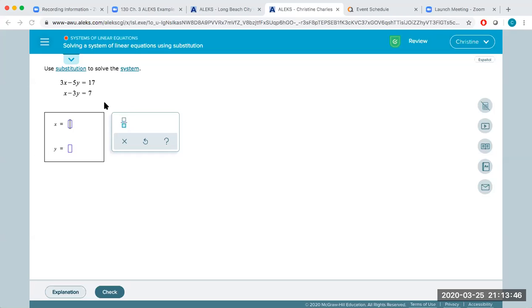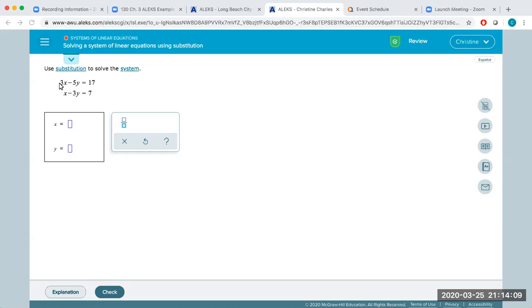So you guys can see that we have line 1 here, okay? And then we have line 2 here. Now, I want you to think to yourselves, which of these two lines would be easier to isolate one variable? Well, if we're trying to do this with line 1, we'd have to move one of the terms over and then divide by a coefficient that's out in front.